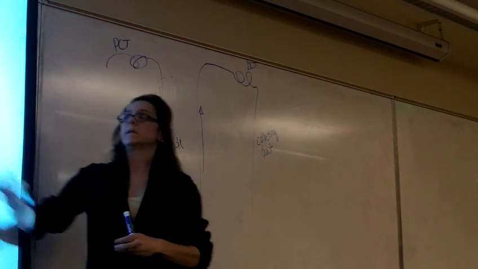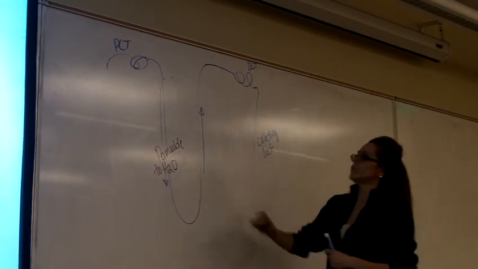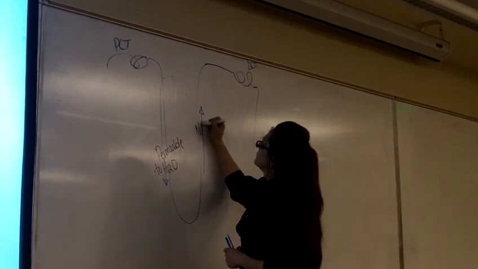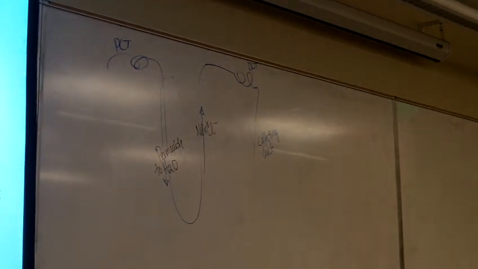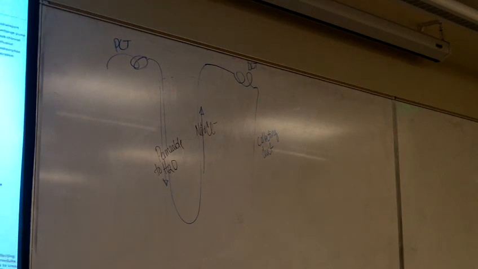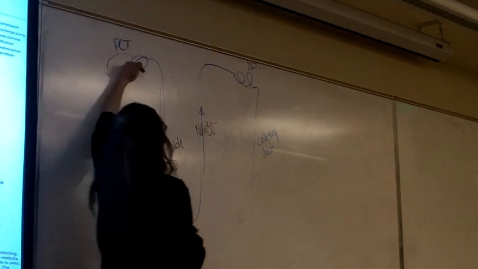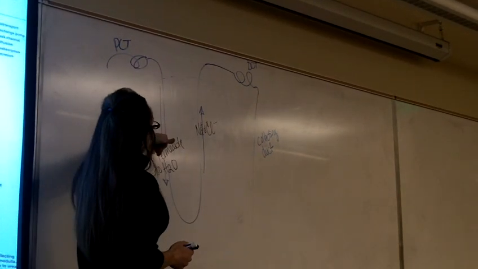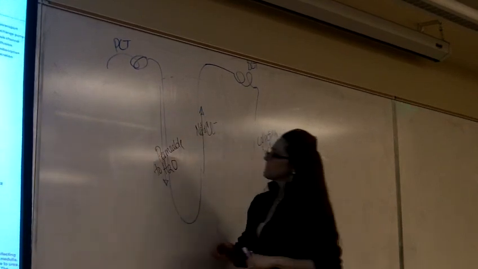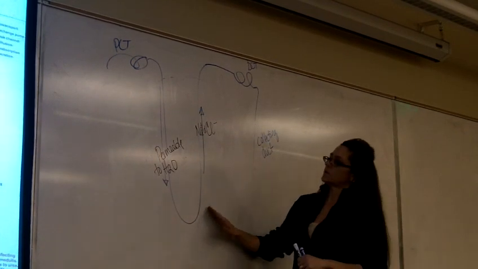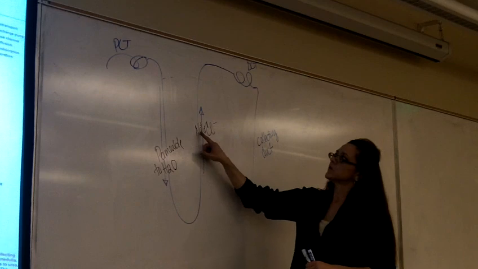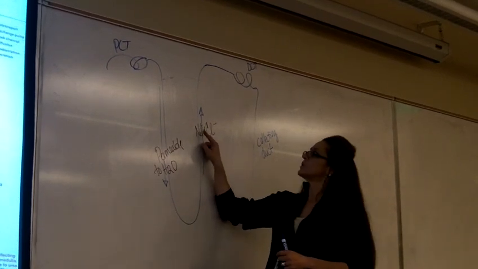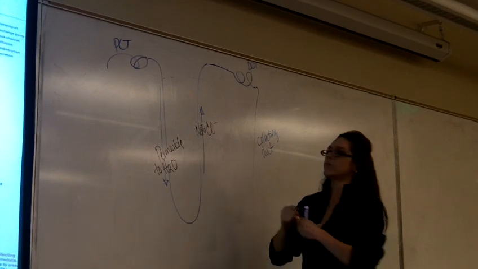The thick ascending limb is going to be permeable to sodium and chloride. So what's going to happen here is the fluid is coming down here, and as the fluid comes up to this ascending portion, there are little pumps in here that are going to actively transport sodium and chloride out of the fluid.